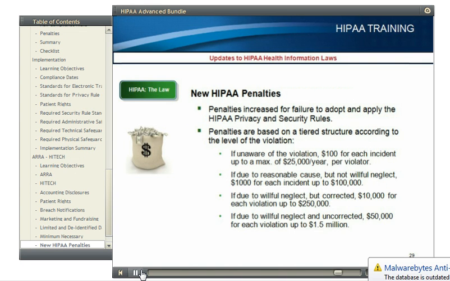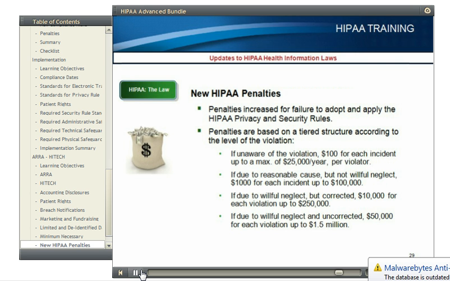New HIPAA penalties. Penalties increased for failure to adopt and apply the HIPAA privacy and security rules. Penalties are based on a tiered structure according to the level of the violation. If unaware of the violation, $100 for each incident, up to a maximum of $25,000 per year per violator.